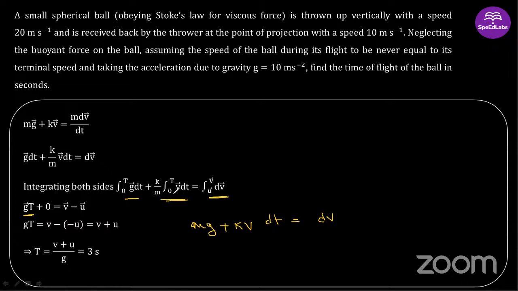This is v minus u, and they are saying integration of v dt is 0. What is integration of v dt? v is basically dx by dt, so integration of v dt is displacement. So that can't be 0. Okay, throughout the motion, that thing will be 0, and v minus u.